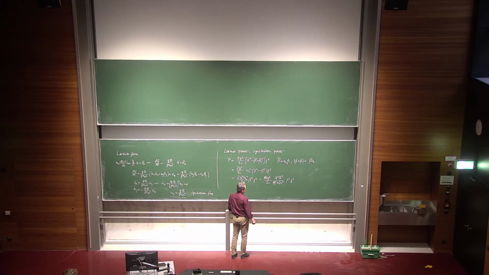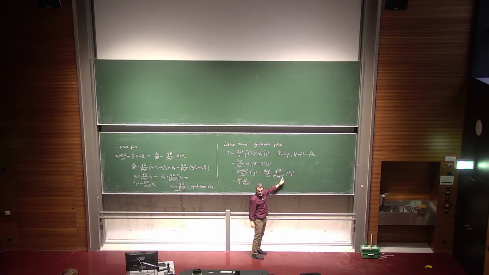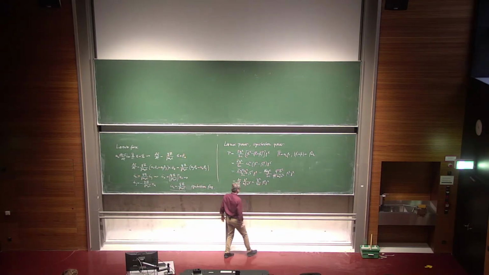So now, what do you find? You find 8 pi over 3 q to the power of 4 me square c to the power of 4. I'm making a mistake here. I only have c to the power of 3 here, so I have to correct this. Then what remains is B square over 4 pi beta square gamma square.